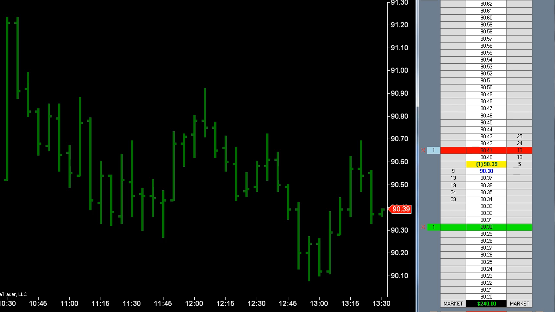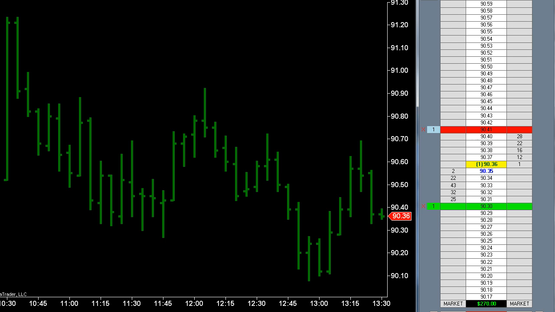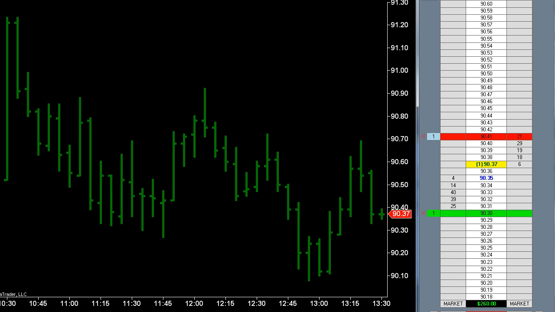Exiting a trade is one of the most difficult things to try and figure out. No matter how you do it, you're either going to give up too much or not get enough. So it's a very frustrating position to be in. But we'll do our best to try and show you ideas that we have, and try to capture as much on each trade as we can.